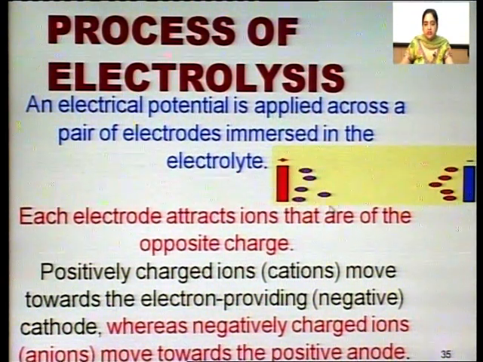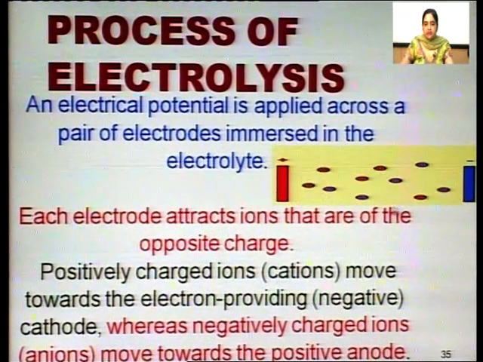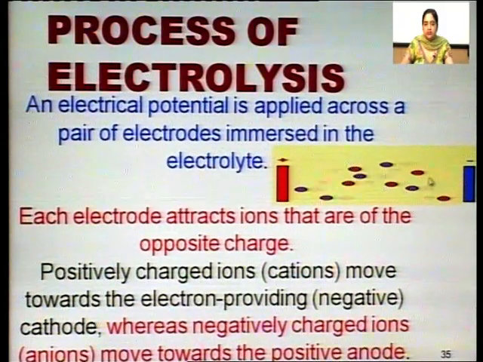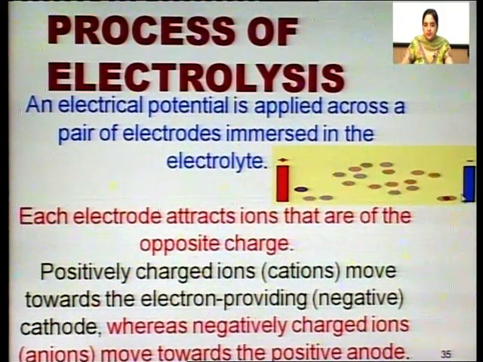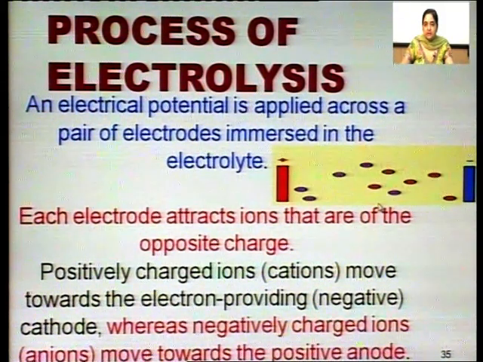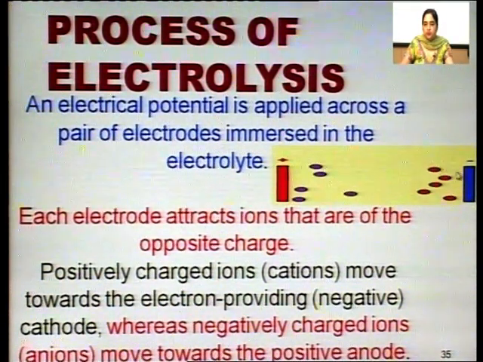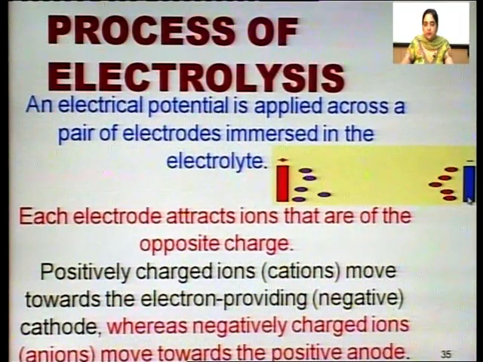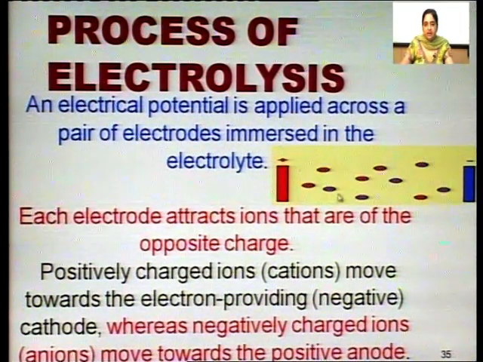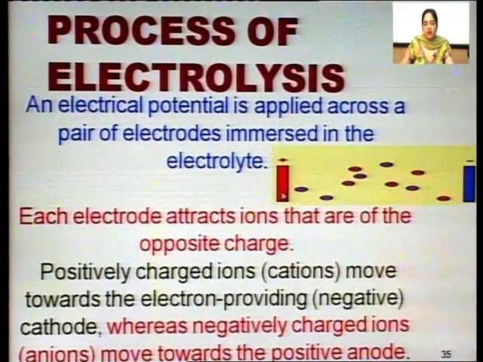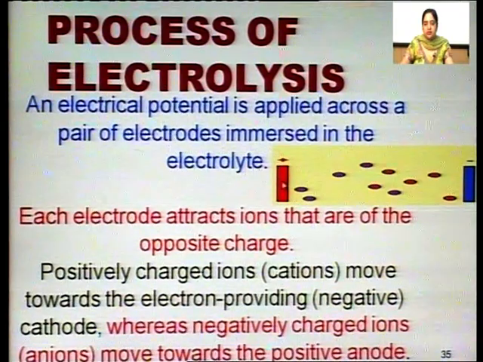Positively charged ions, that is cations, move towards the cathode, but negatively charged ions, called anions, move towards the anode.